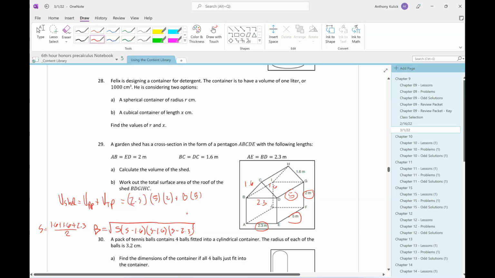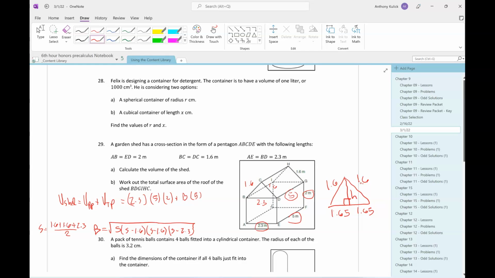So you could do it that way. Alternatively, since this is an isosceles triangle, if you drop a perpendicular here, that is going to bisect that side. And then you can use the Pythagorean theorem to figure out the height of the triangle and just do 1/2 base times height. That's also appropriate to do in that case.